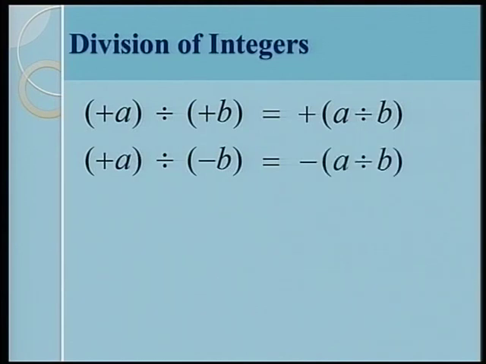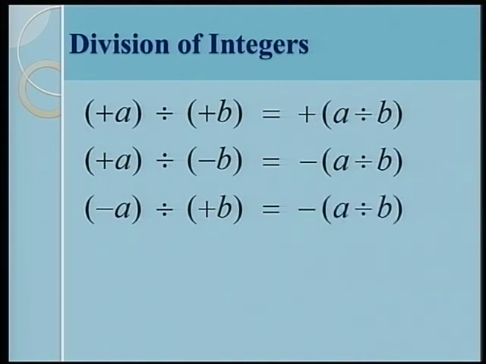Again, dividing a negative number by a positive number equals a negative number. Dividing two negative numbers equals a positive integer.